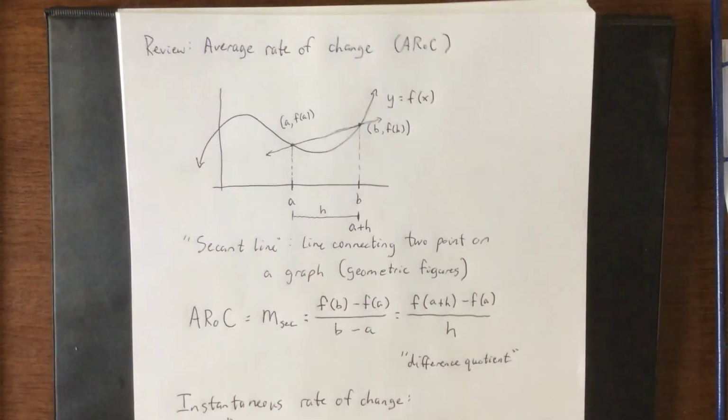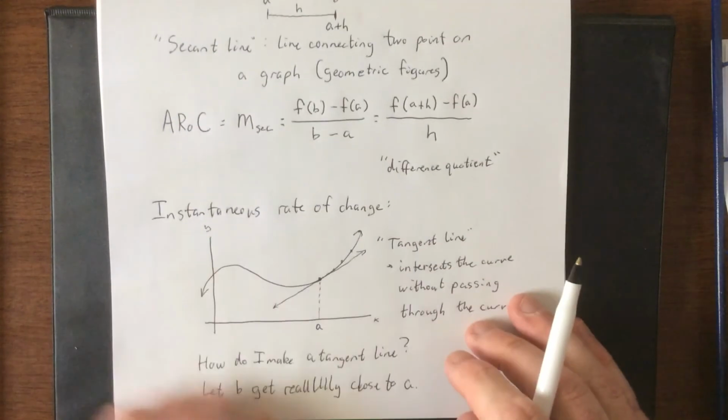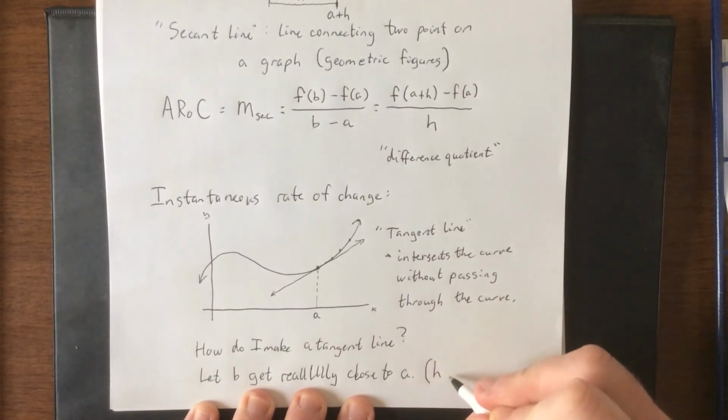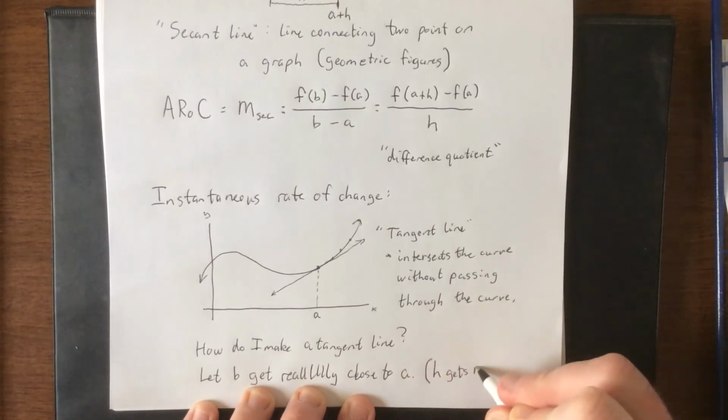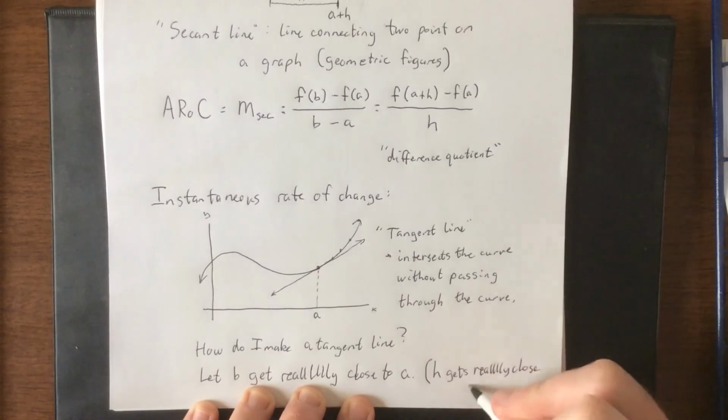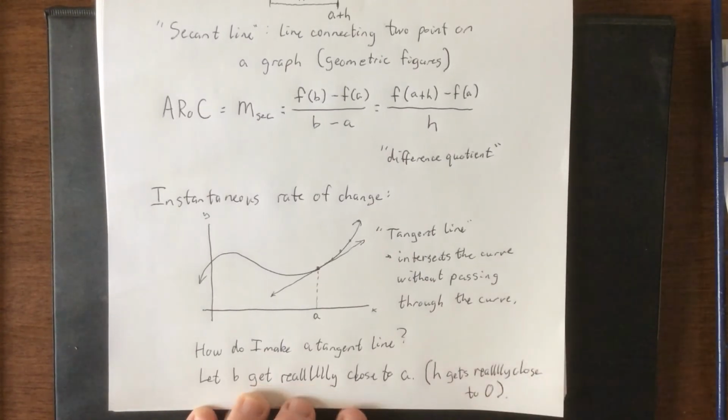But the distance between the points is defined as h. So we could also say h gets really close to 0. What I'm going to do is in my next video demonstrate what that actually looks like.